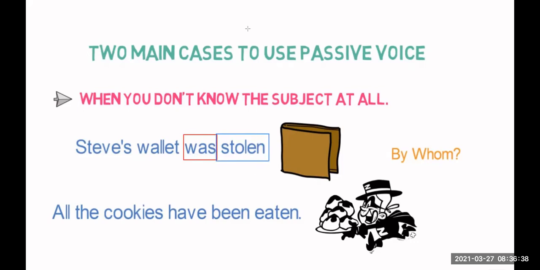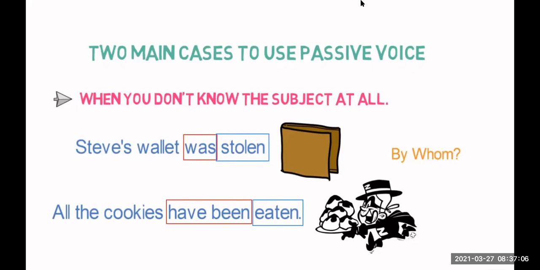But the verb to be is the one that defines the tense of my sentence. What about this one? What is the tense here? All the cookies have been eaten. Present perfect, right? This is the verb to be in the present perfect. And then we have the verb in the past participle form.